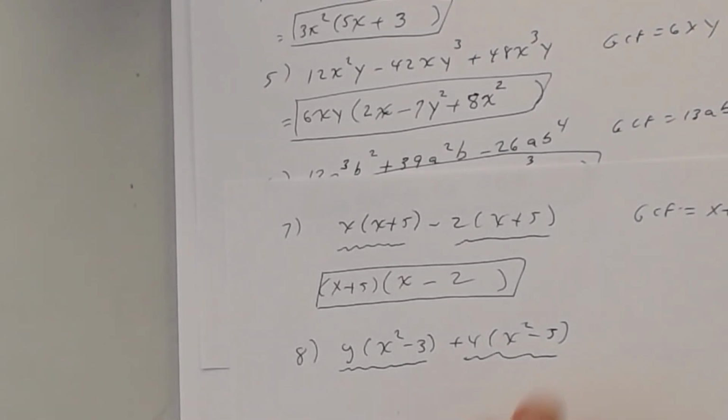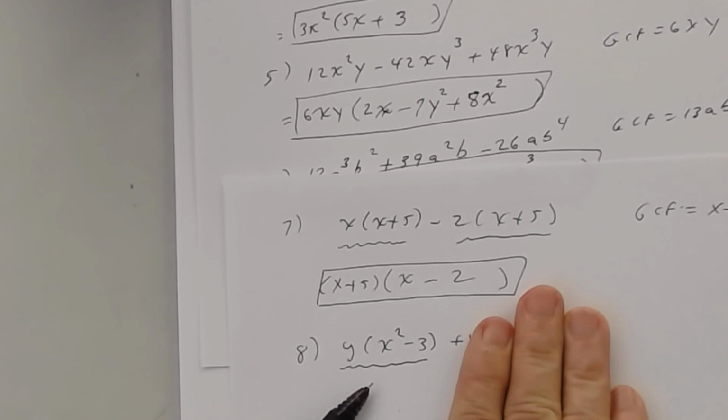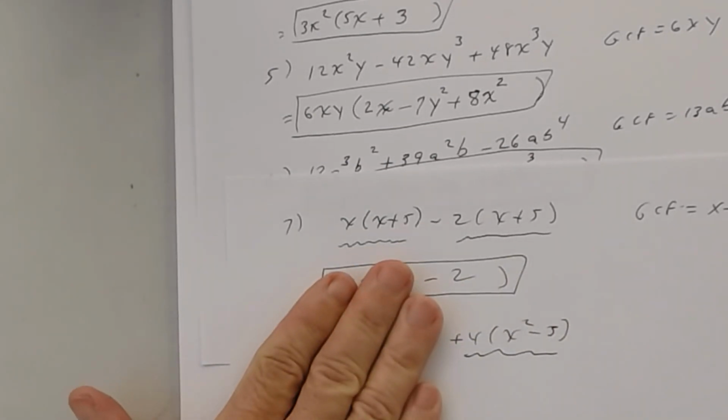So you have this product. You see a product here, right? What are the factors? Y and what? X squared minus 3. Over here, what are your factors? What's one of them? 4. And what's the other?